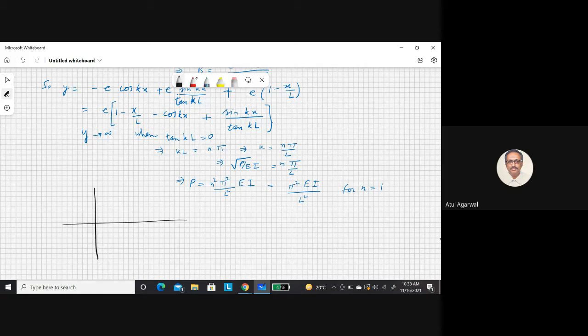So what happens? If your load is, this is your P critical. Till the load is P critical, you will have zero deflection in this direction.